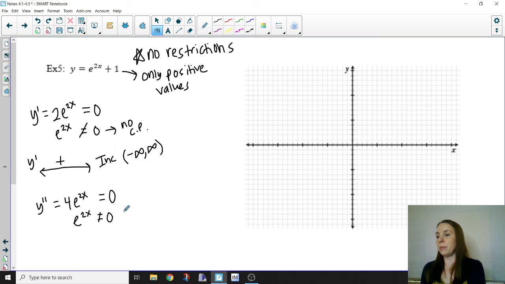It can't happen, so there are no possible points of inflection. Again, when we do our sign chart, we don't have anything to put on it, but we can still think about any number we want in the second derivative, and once again, it's going to be positive. Yay! Which means our function is concave up throughout.